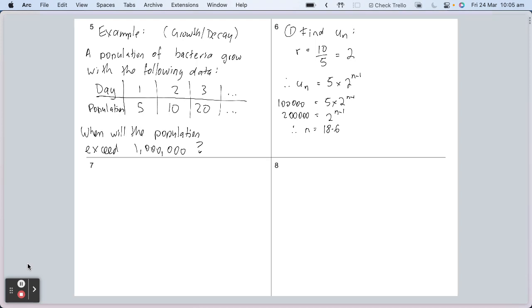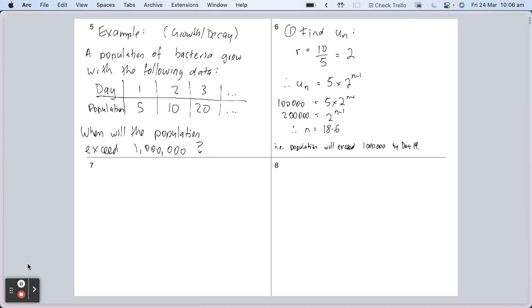I would say, i.e., population will exceed 1 million by day 19.